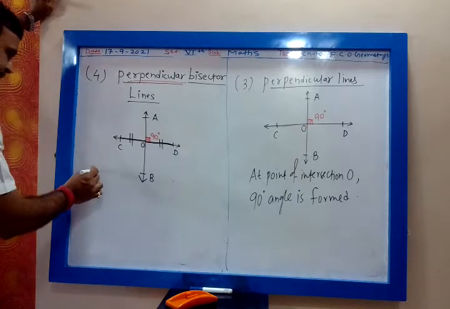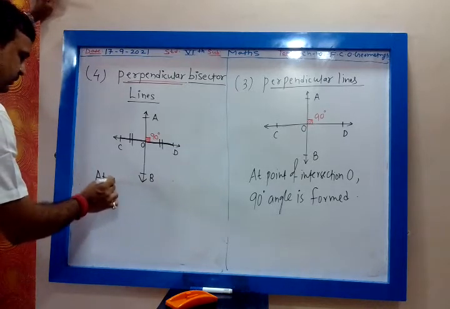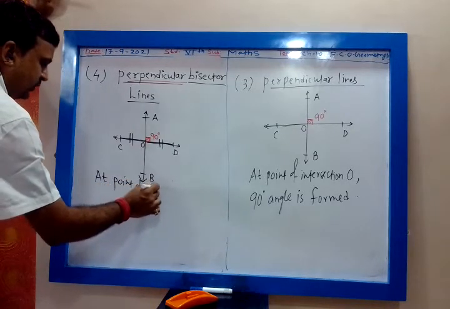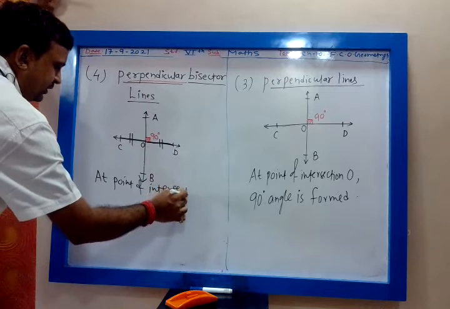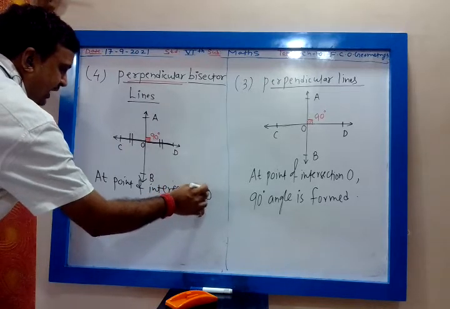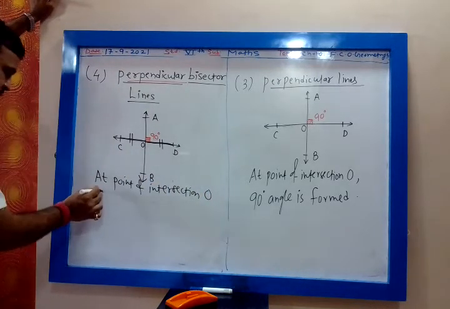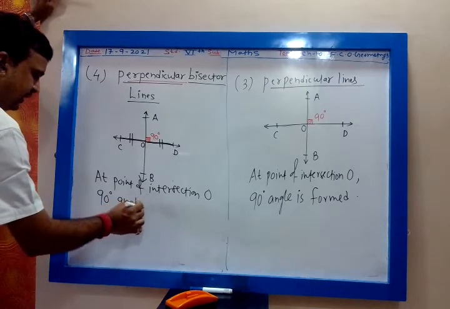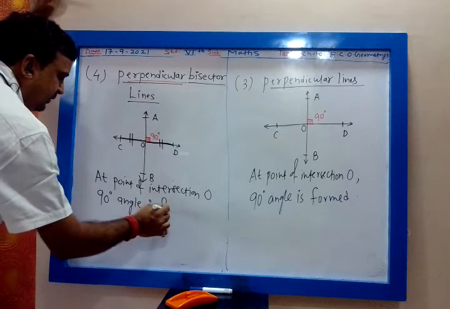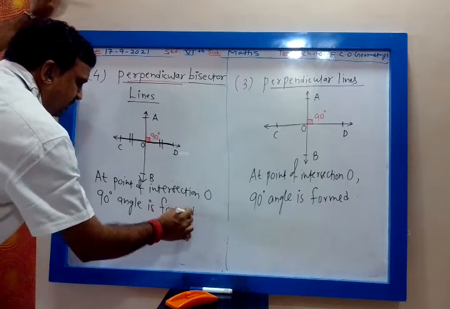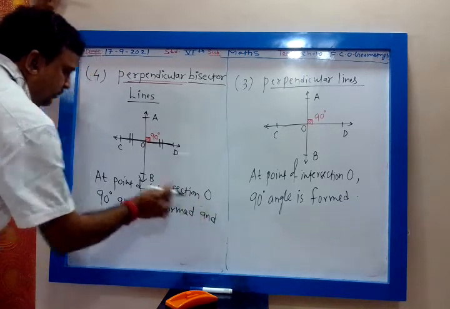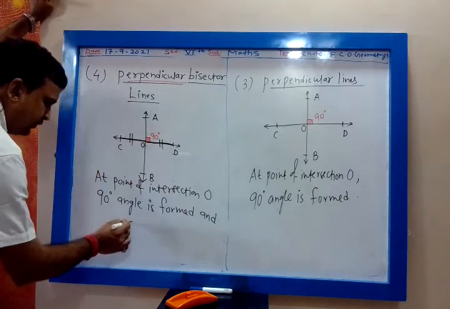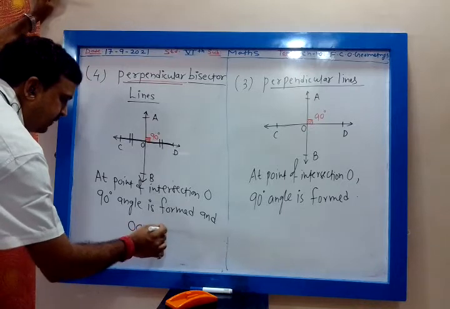Is it clear? At the point of intersection O, a 90-degree angle is formed, and both the sides OC and OD are equal, OC is equal to OD.